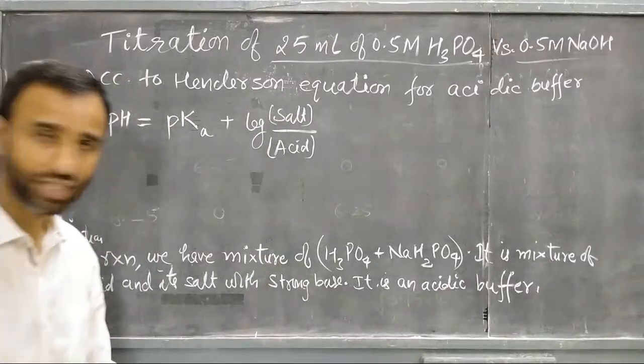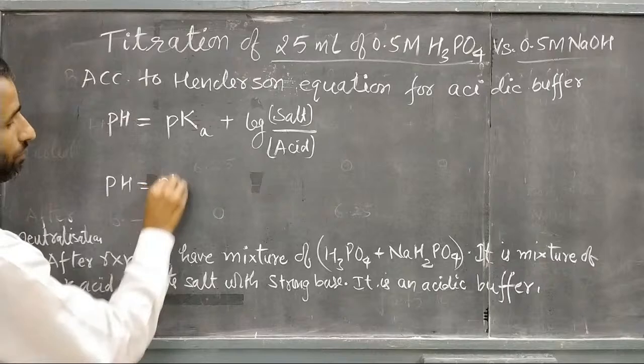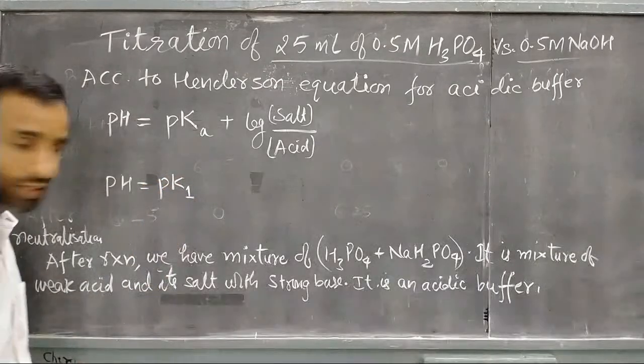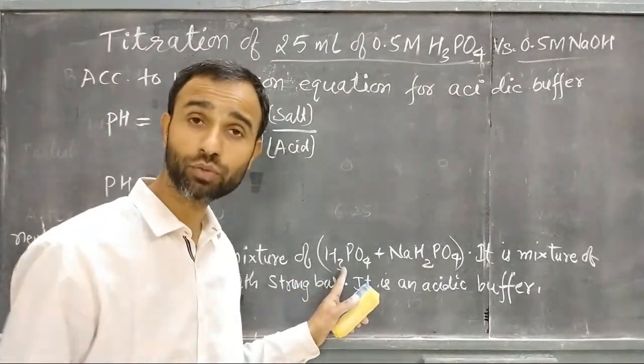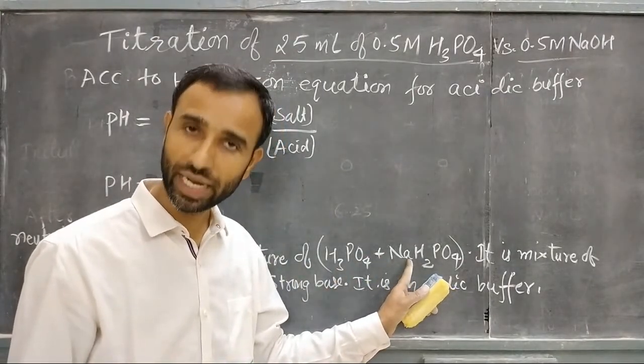So in this case pKa is pK1, because H3PO4 gives its first H plus ion to form H2PO4 negative.